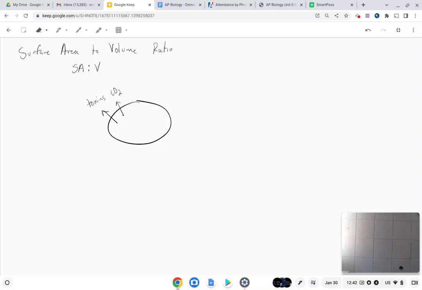If CO2 builds up to too high of a concentration, it'll kill the cell. We also need to be able to get rid of heat. Otherwise, the cell will cook itself, literally. By the way, where does the heat come from? There are a whole number of exothermic reactions that take place inside the cell that produce this heat. And so the cell needs to be able to dissipate that heat.